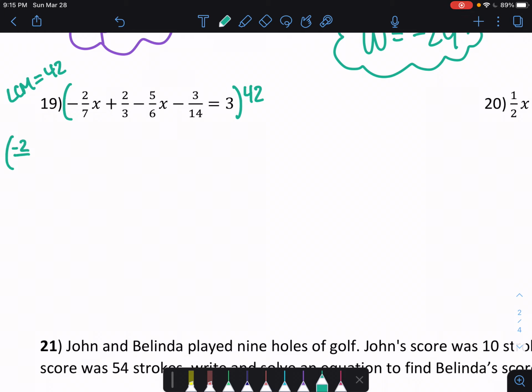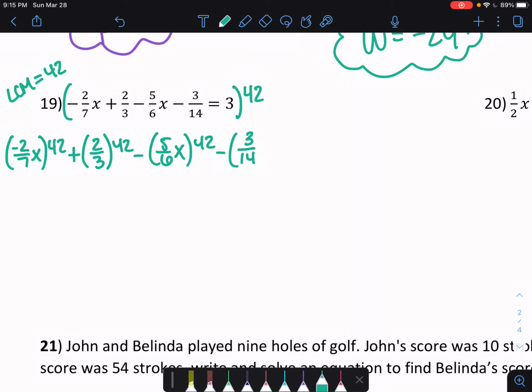So negative 2 over 7x times 42 plus 2/3 times 42 minus 5/6 x times 42 minus 3 over 14 times 42 equals 3 times 42.